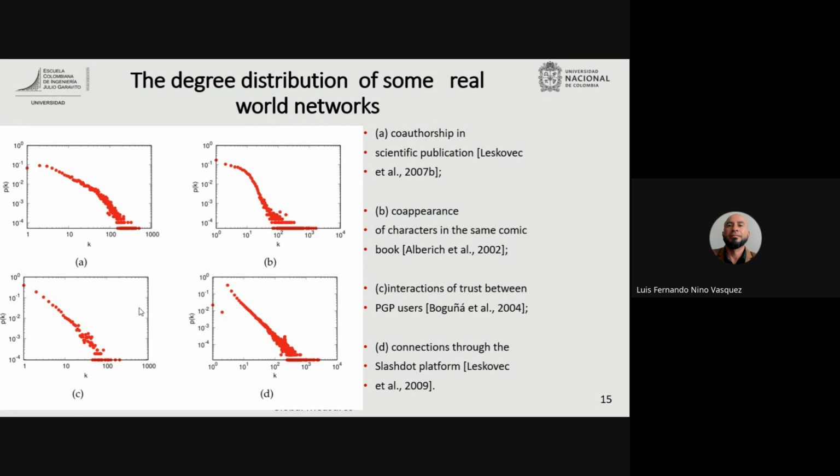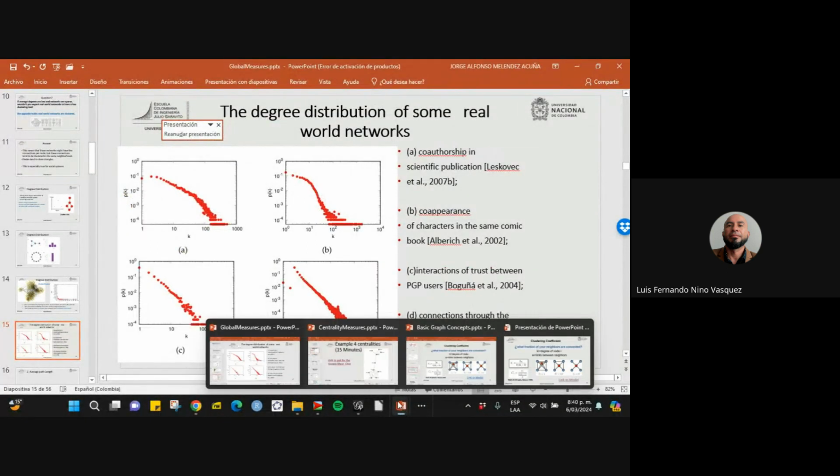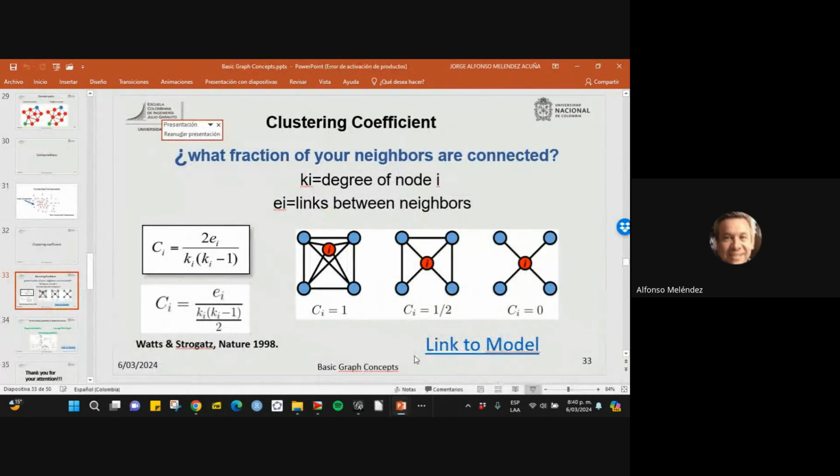Especially when you have huge networks, it's hard to see what's going on inside. Like we've seen in some of those examples, with a lot of connections, and you don't see what's going on inside. But with the distribution, you get some general information about how the nodes are connected.